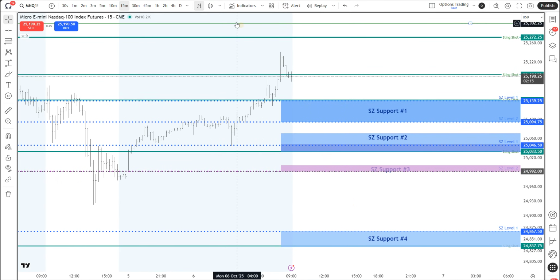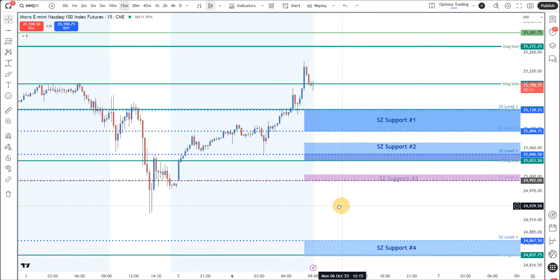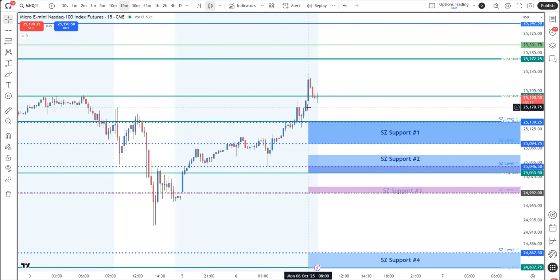So this is what I'm expecting from the market as the market opened today. I'm expecting the market to pull back towards Synergy Zone or support number 1. Then we have support number 2 with a power zone inside of it. You can see there are dual shaded boxes right in there. And that is a strong opposing support area, meaning one of the expectancies is to see if the market hits anywhere inside the zone.